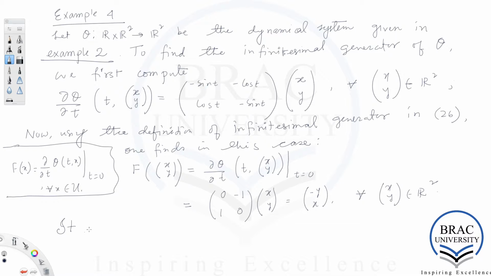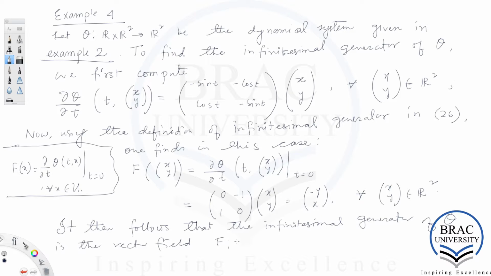It then follows that the infinitesimal generator of this dynamical system theta is a vector field f from R2 to itself given by f of xy is equal to minus y, x for all xy in R2.